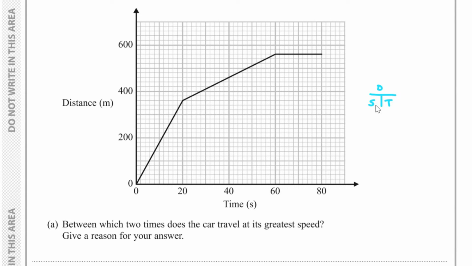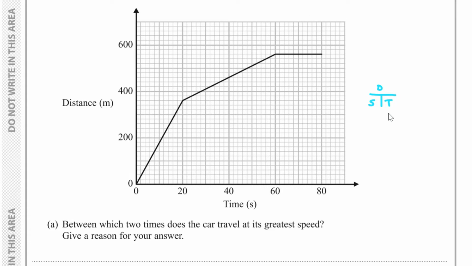So when we come to think about which times gives us the greatest speed, we want the distance to be the greatest but the time to be the smallest.